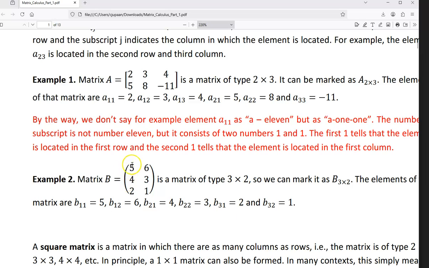As I probably told, these rounded ones are many times easier to use when you are calculating by hand with pen and paper. You may write rounded parentheses more quickly than, for example, square brackets.